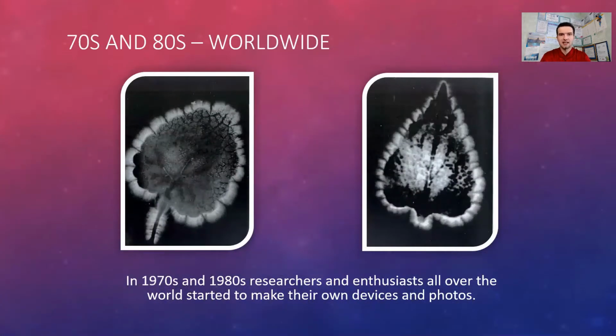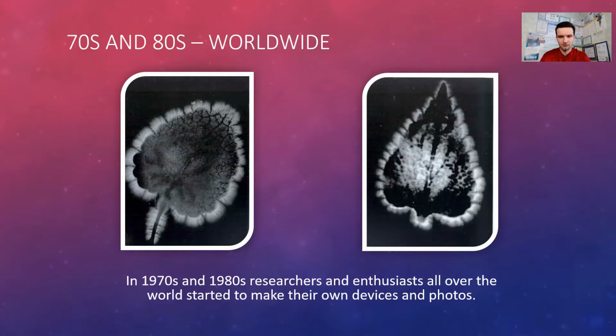So in the 70s and 80s of the 20th century, worldwide, as the electronic equipment and all the components have become much more available to electronics engineers, they were able to buy them in the shop and then construct their own coil and their own Kirlian camera themselves.